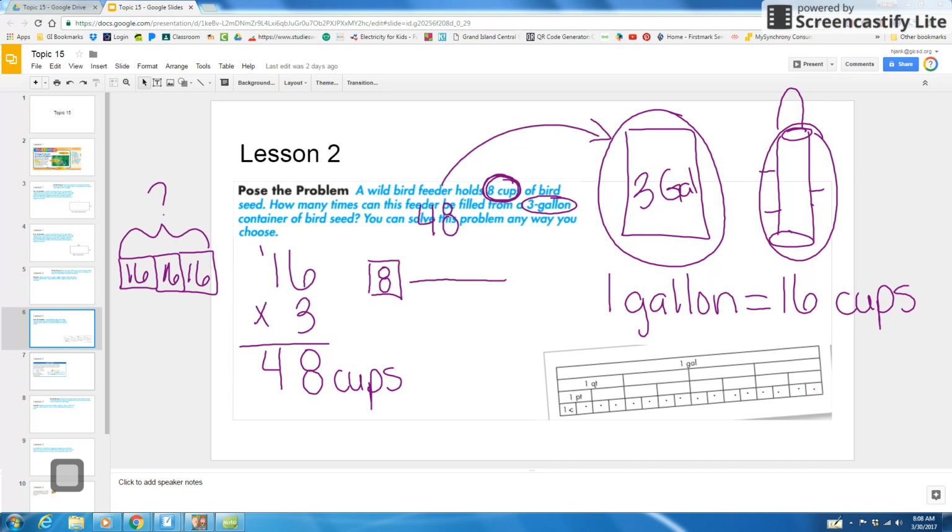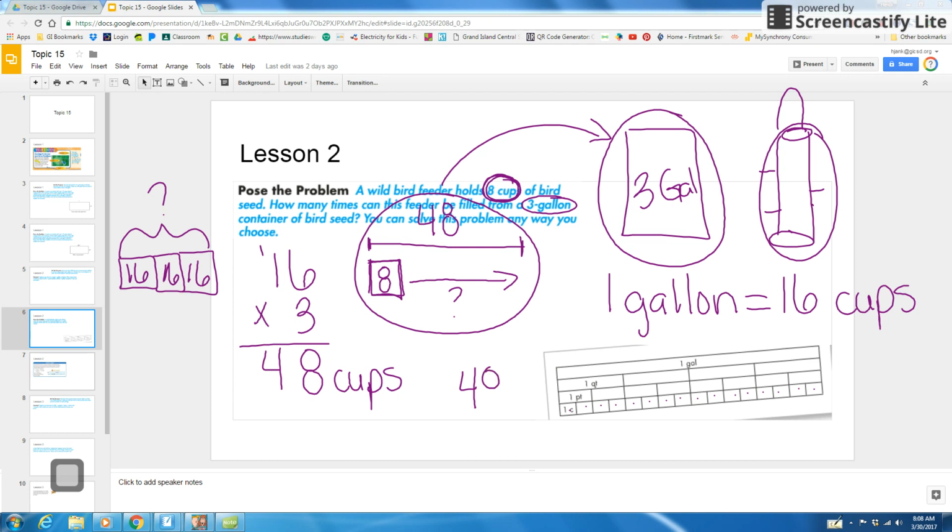I do not know how many times I can refill that bird feeder based on that. So this picture tells me I need to divide. I have a total of 48 cups. I know I can use 8 cups at a time. I just don't know how many times I can use those 8 cups.